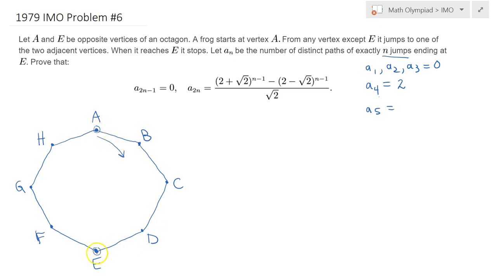Obviously in 4 steps I shouldn't reach point E, because once I reach E, I need to stop. So it means that because I cannot directly go to E, at some point I need to go back. And once I go back and move forward, it will take at least 6 steps. So it's impossible to reach point E starting from point A in just 5 steps. So therefore there are 0 paths to reach E starting from point A in just 5 steps.